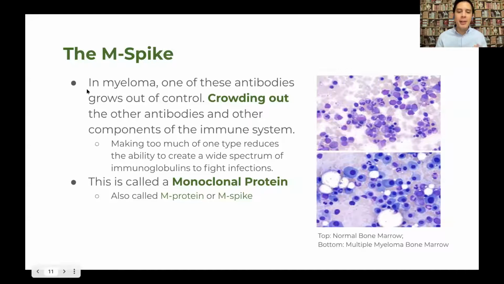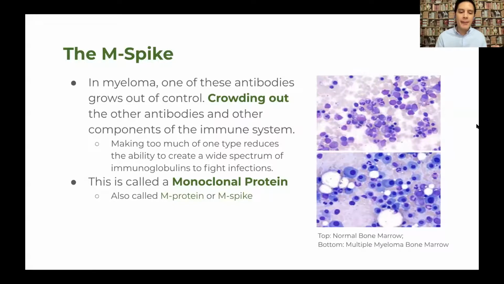Normal plasma cells secrete immunoglobulins. As Patty mentioned, immunoglobulins are proteins that attach to substances entering the body that the body recognizes as foreign, like infections, and they help fight them. There are many different types, and they are specialized for different things.